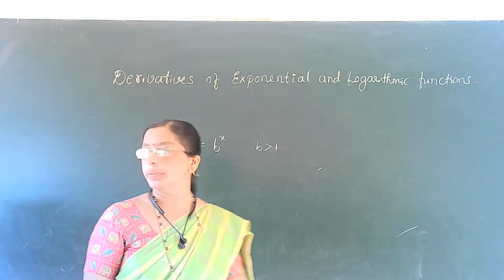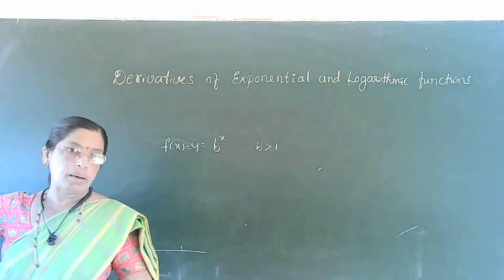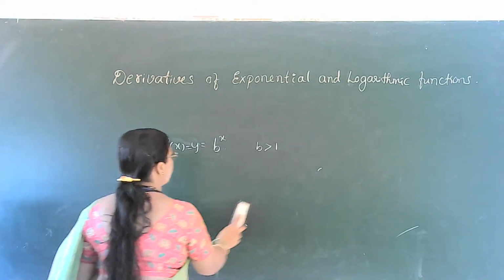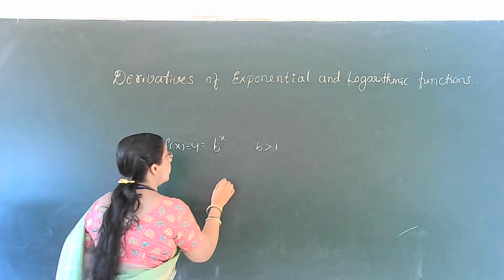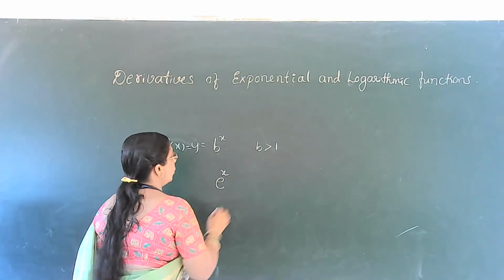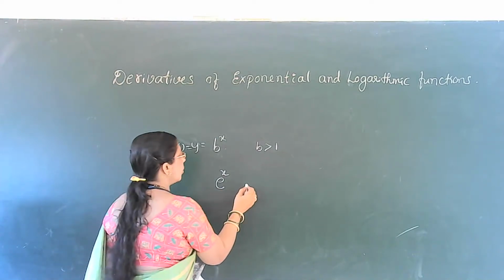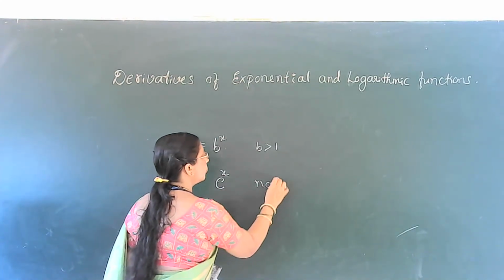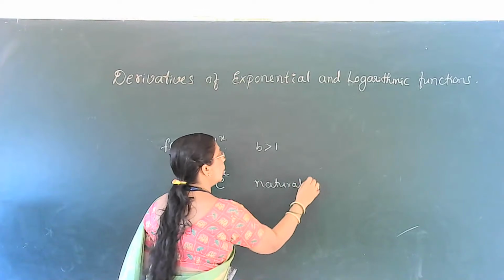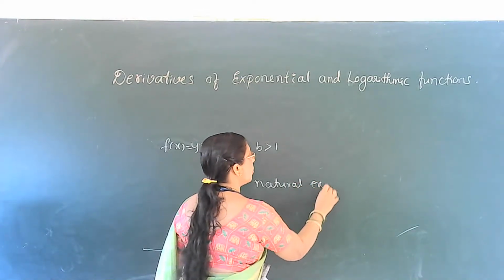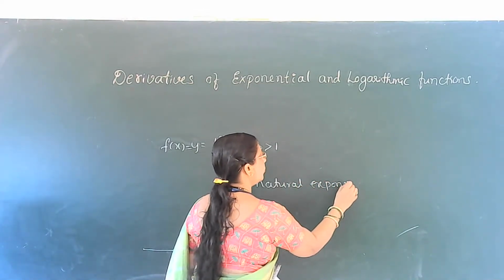But when the base is e, that is e to the power x, the function is called the natural exponential function.